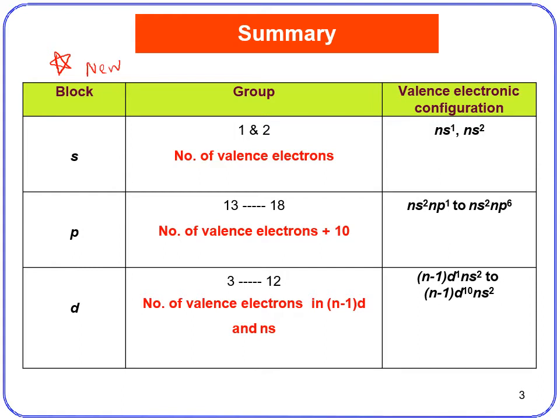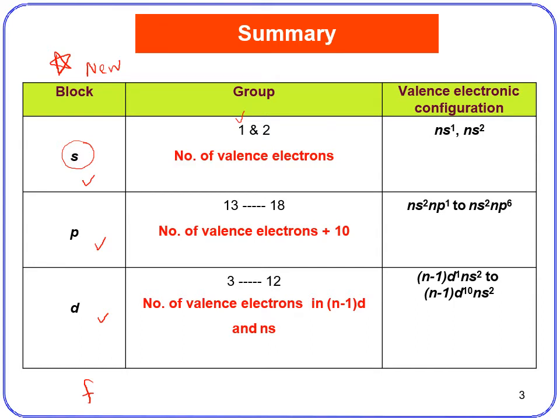So basically, just now we mentioned that we have S, P, D, and F block elements. However, when answering questions, most questions only focus on S, P, D elements. S block elements refer to elements in group 1 and group 2.